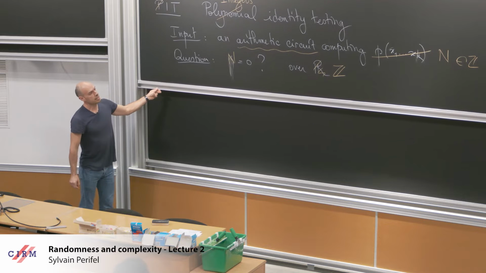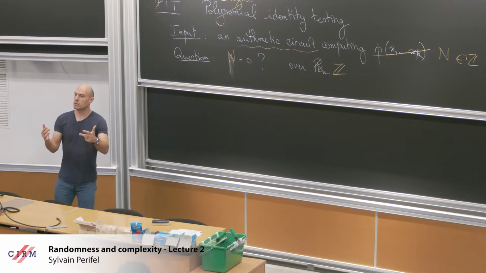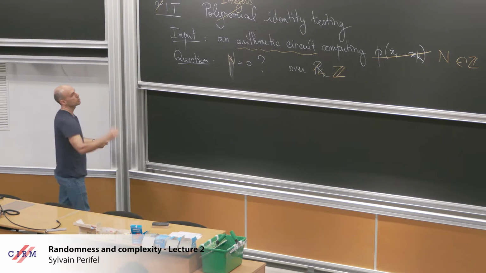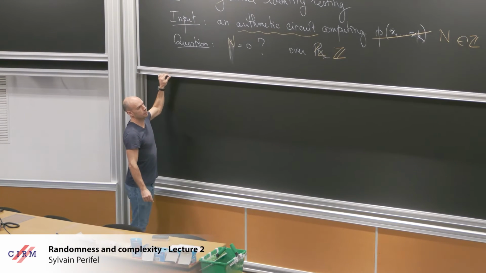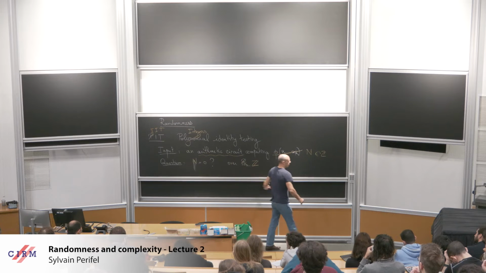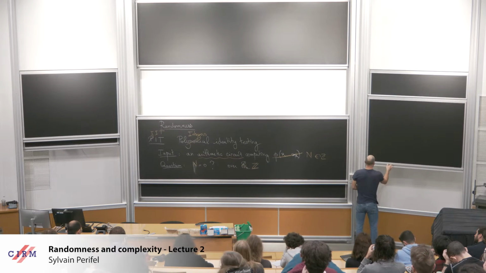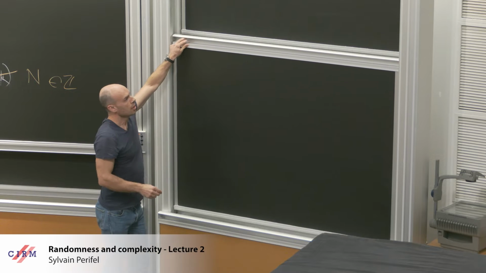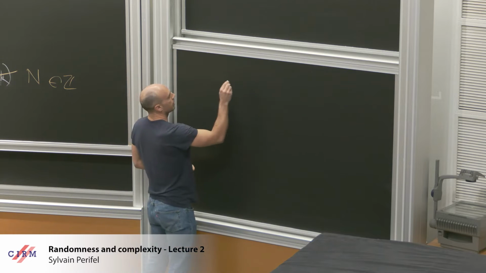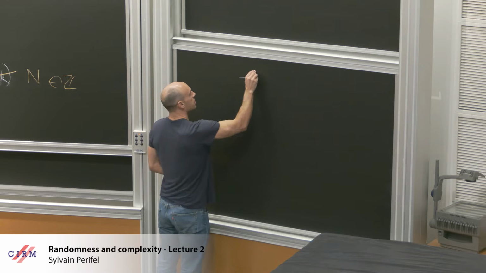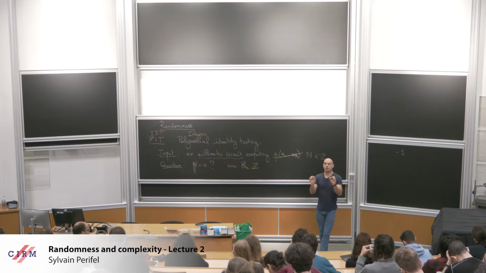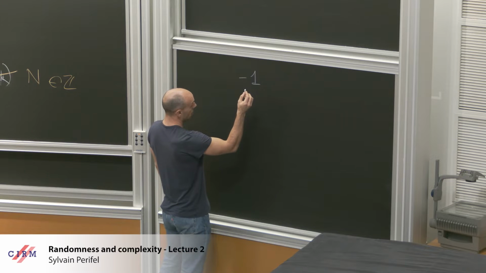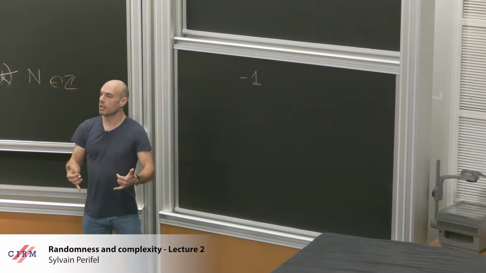Now I need to explain what an arithmetic circuit is. As you will see, this is just a sequence of additions, subtractions and multiplications that compute an integer. So let me draw a picture. You have as input a constant; to simplify things, I will just take the constant -1. This is the only constant that you have, and you will be able to make multiplications and additions from this constant.